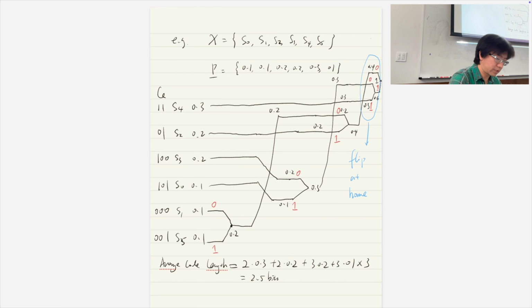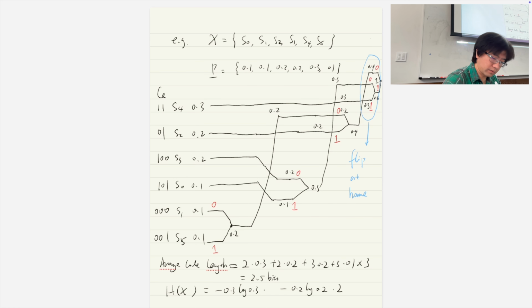Now let's double check the entropy here. The entropy is minus 0.3 log 0.3, and we have 2 of those, so let's multiply by 2 here. Minus 0.2 log 0.2, we have only, let's see, 0.3, we have not 2, only 1. Then this we have 2.